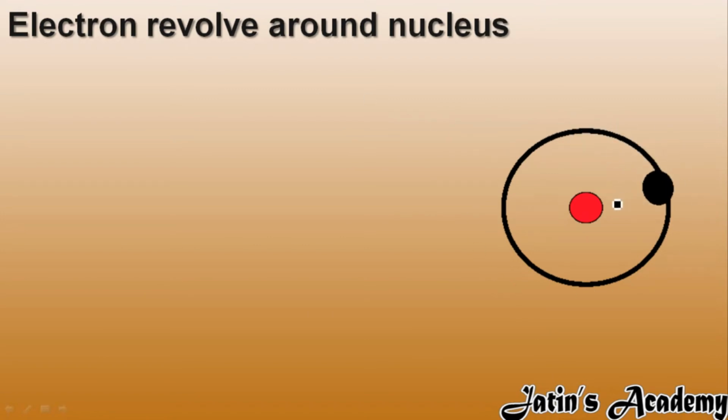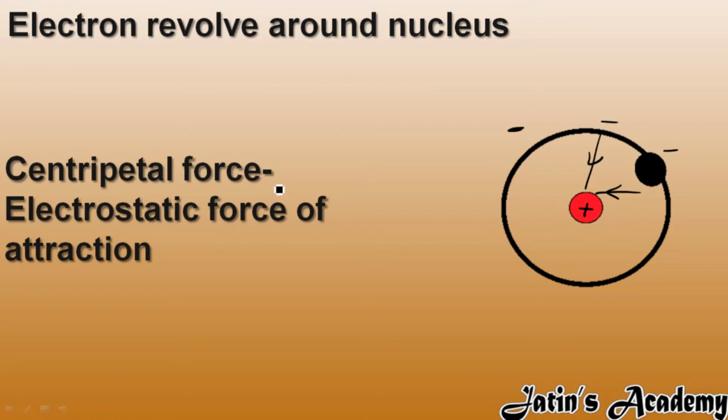Here one force is acting. We have to see which type of force this is. The nucleus has a positive charge, and the electron has a negative charge. Positive and negative attract each other. That force of attraction is called the electrostatic force of attraction. So when an electron revolves around the nucleus, the centripetal force is the electrostatic force of attraction.